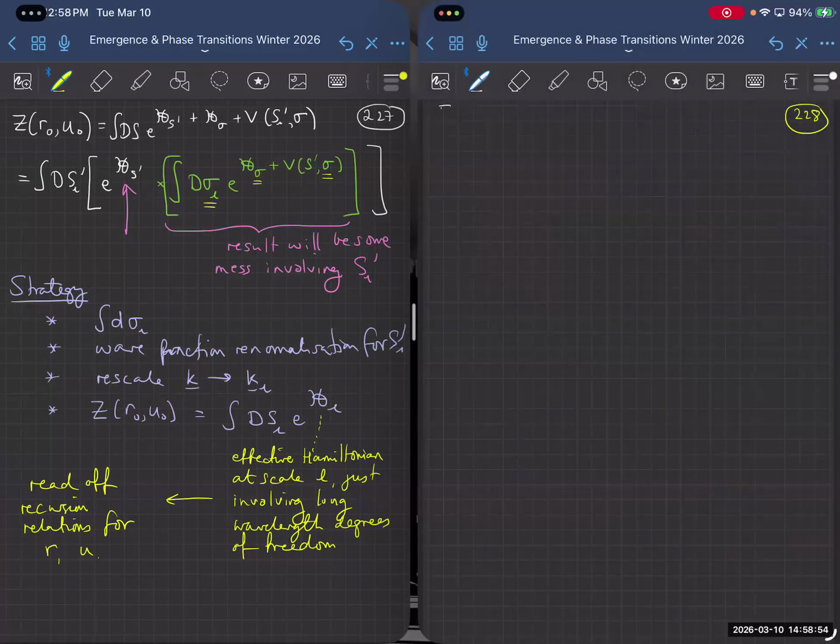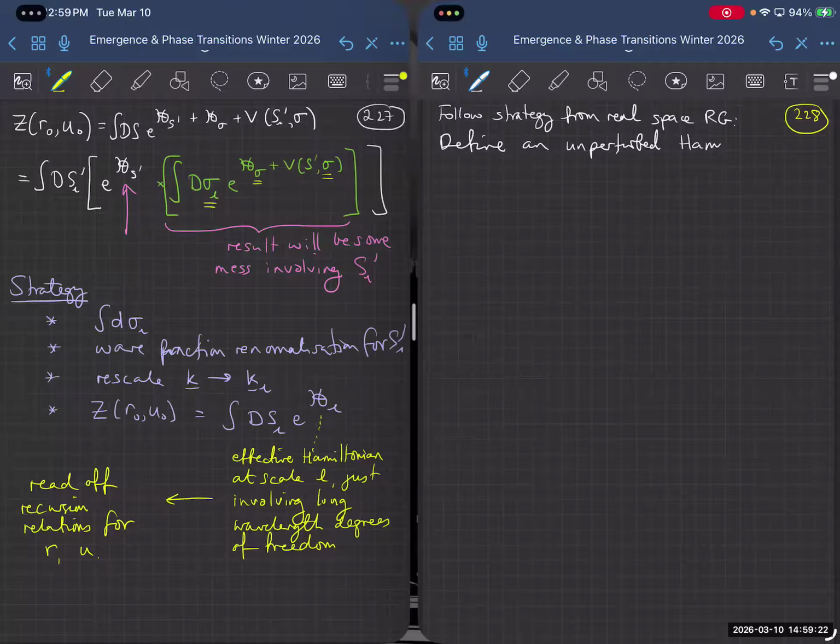So we're going to follow the strategy from real space RG. What we're going to do is define an unperturbed Hamiltonian and expectation value.